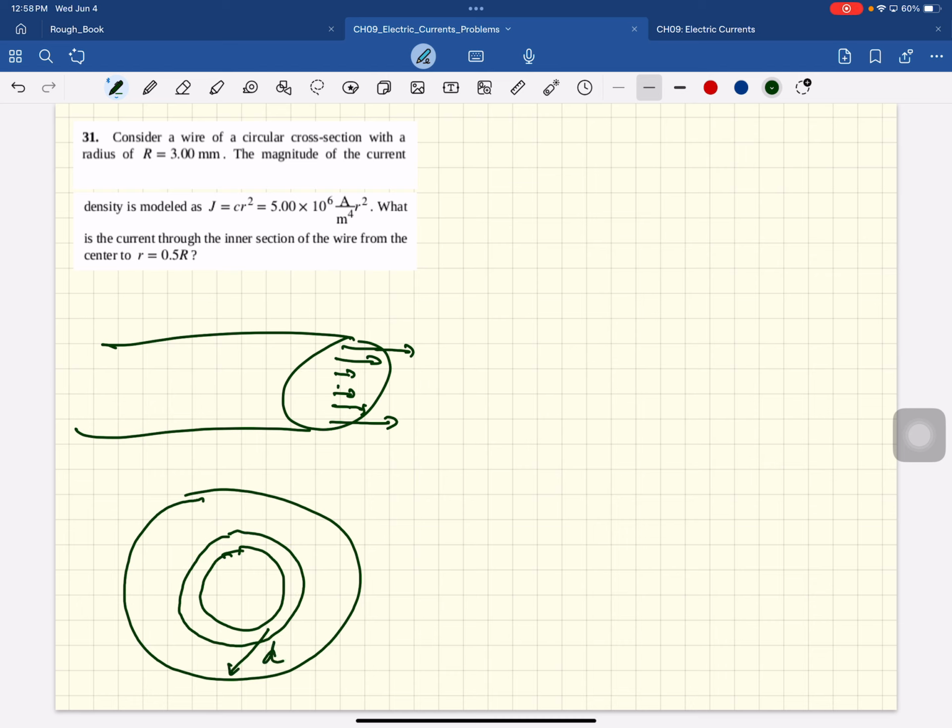We'll call this DI, current coming out through that ring. DI is J of R, that is the current density at that location, times the area of that ring. Can anybody tell me what is the area of that ring? We'll call this thickness dr.